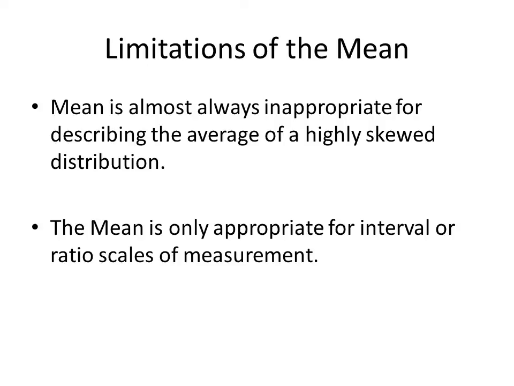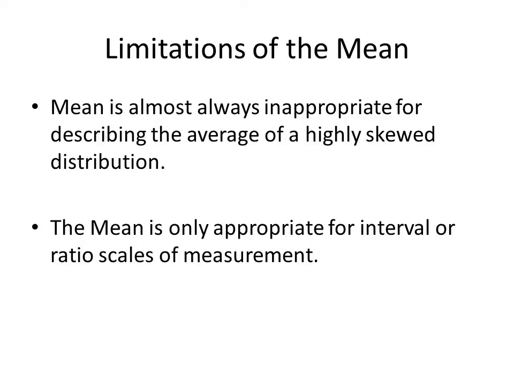Another limitation of the mean is that it is only appropriate for interval or ratio scales of measurement. Now, if you do not recall those, you need to back up to section 4 to review these scales of measurement. Averages that are appropriate for use with data at the nominal and ordinal levels are also described in section 9.